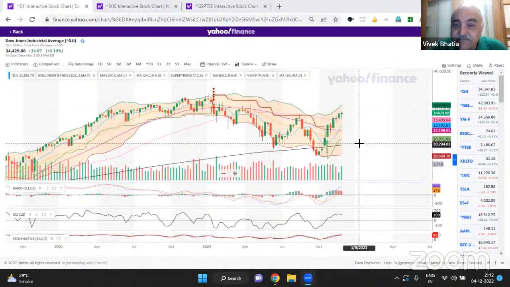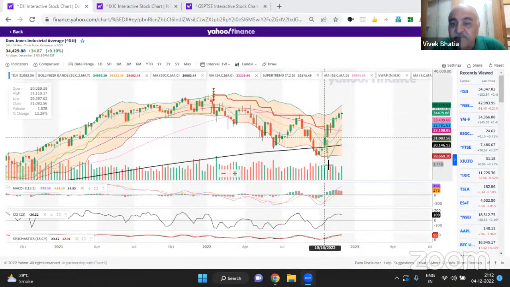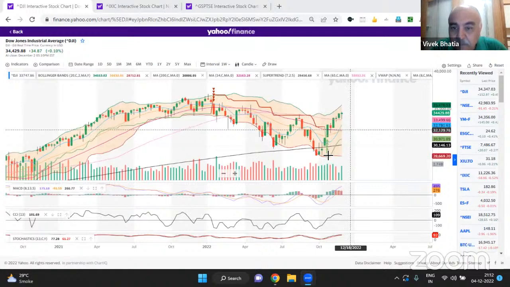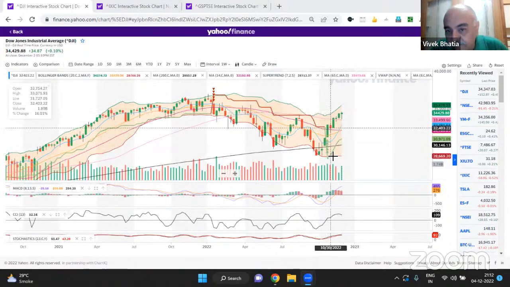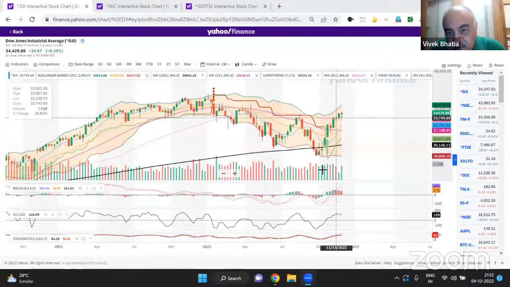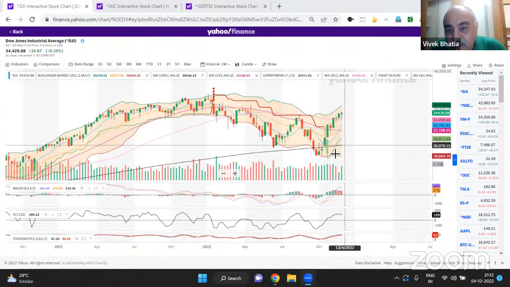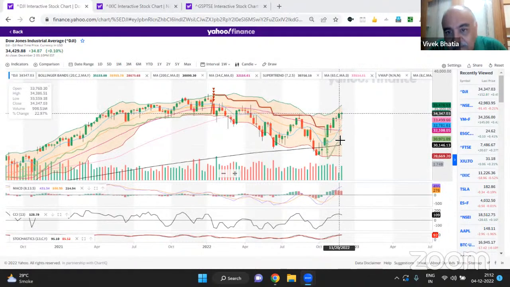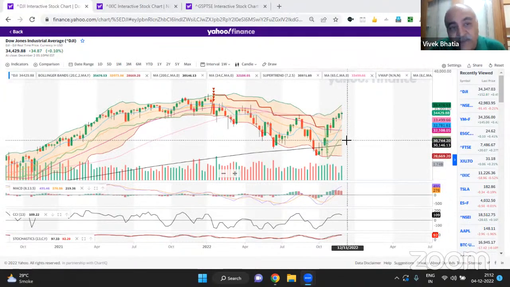There's a weekly chart. On the weekly chart, first things first, the super trend is bullish, climbing up, and in the last 2 weeks, the angle of climb is now plateauing. It's turning to be flat.